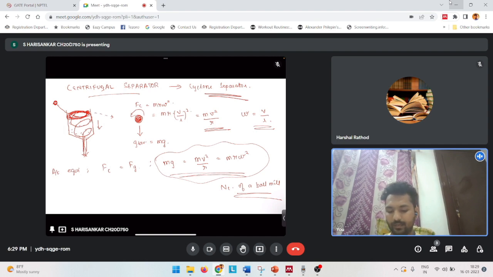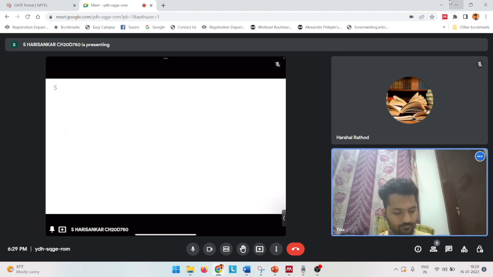What we do need is something called the separation factor. The separation factor is basically the ratio of the centrifugal force to the gravitational force.